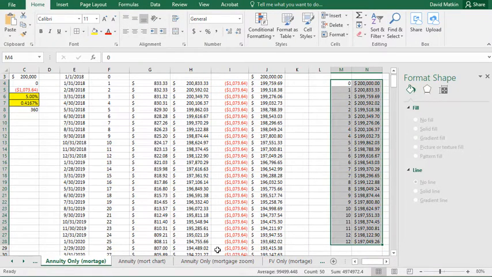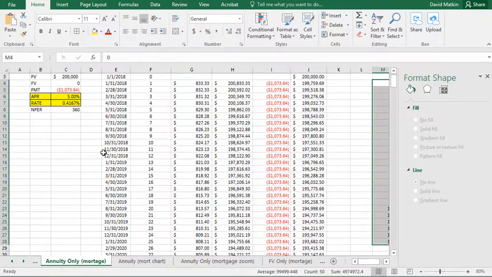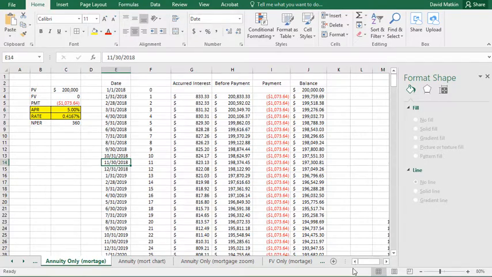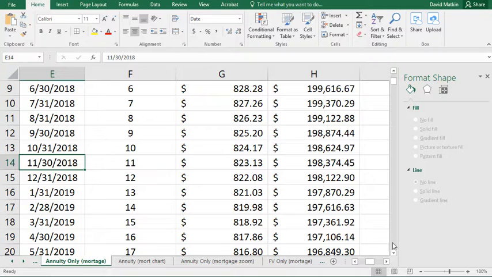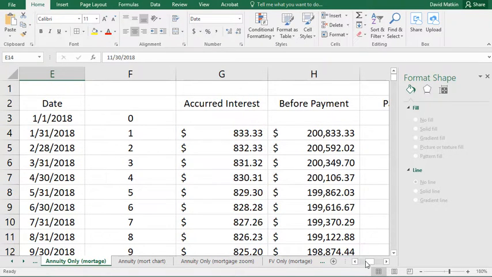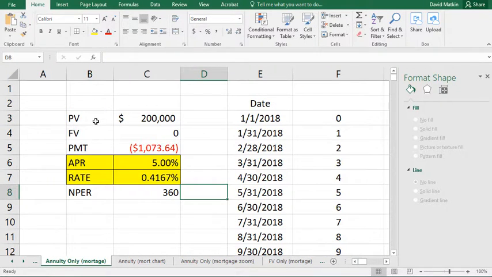And so here's the calculation that I did, and let me just zoom in here for you. Here's the inputs. We've got a present value of $200,000.